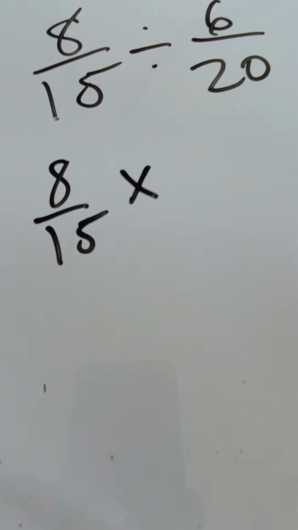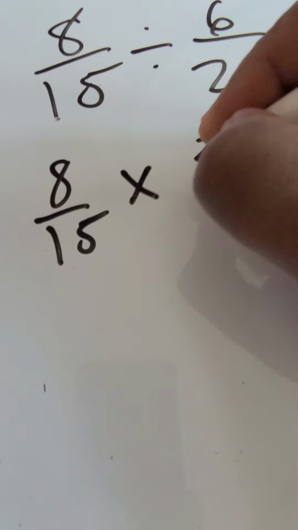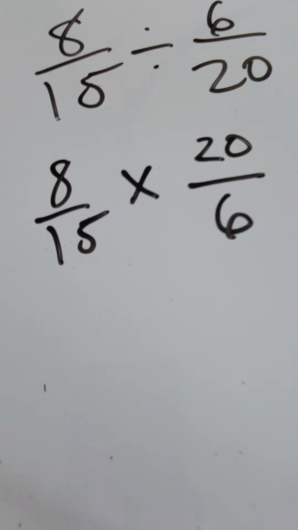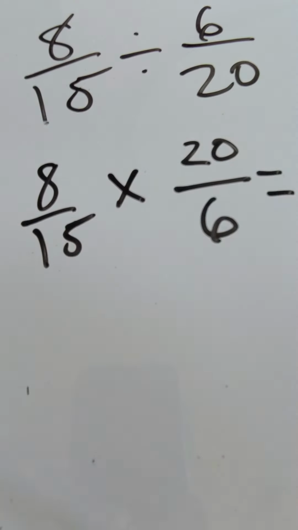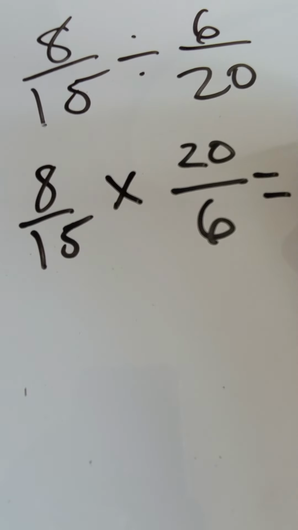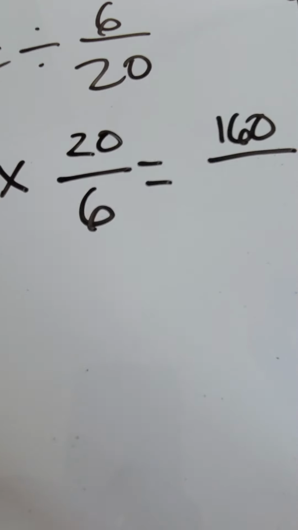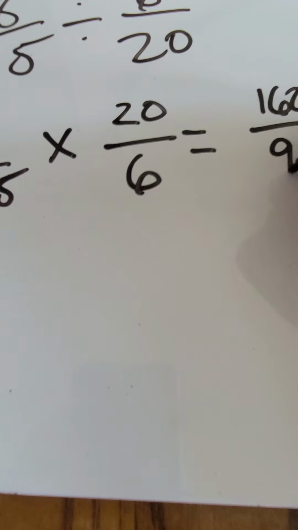Okay, so we're going to write this over. Change the sign for time's sake. We're going to do step 2 now as well. Get the reciprocal. We're going to multiply. 8 times 20, that's 160. And 15 times 6 is 90.